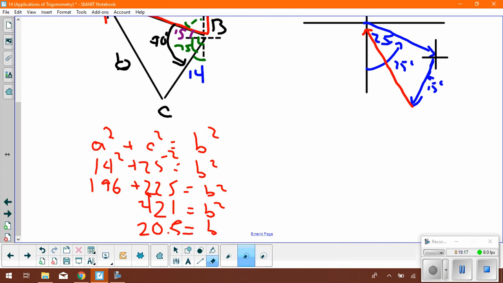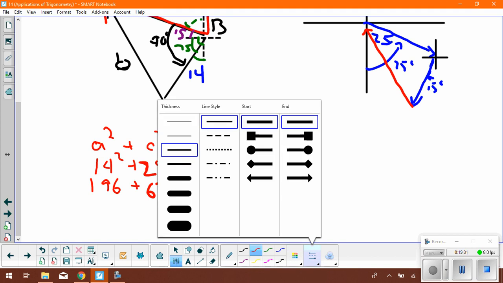I hope some of you caught that already. That's my mistake. 25 squared is 625, not 225.